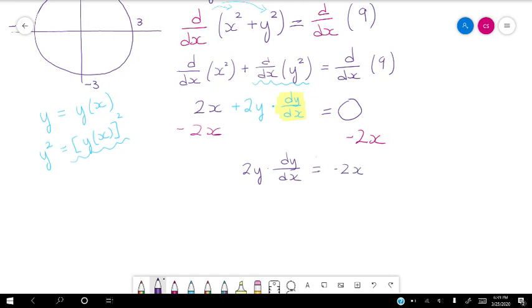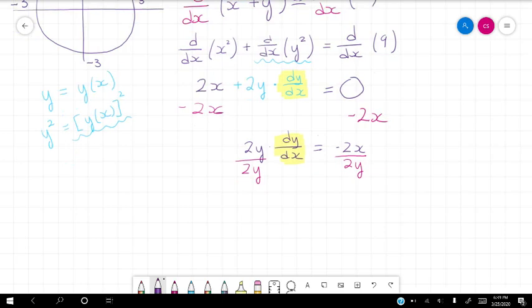Again, it's still helpful to highlight, because once all the terms are on one side and you simplify down to one term, you divide out by the coefficient. In this case, the coefficient is 2y. So we're going to divide both sides by 2y. Then we're almost there. What are we left with?